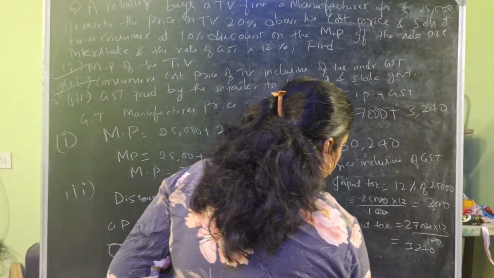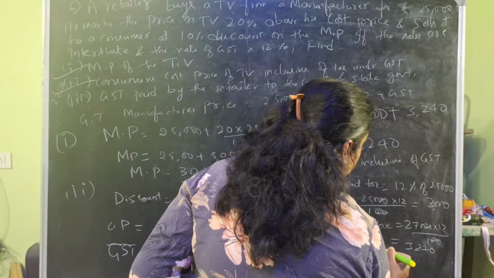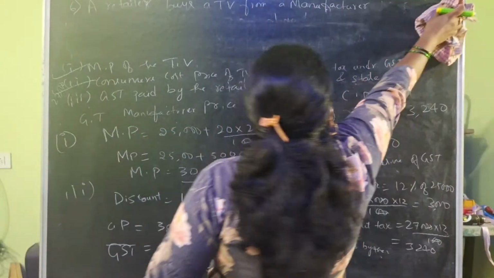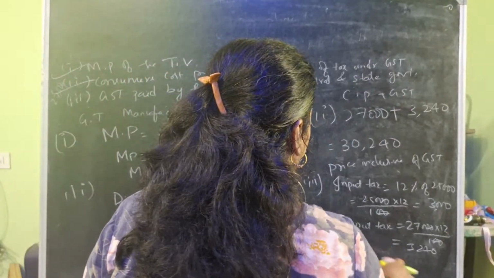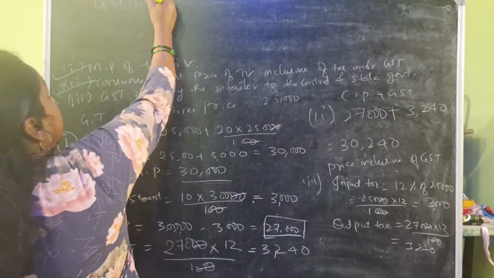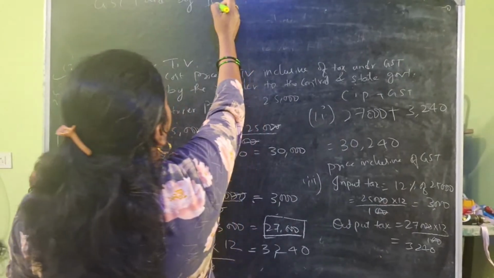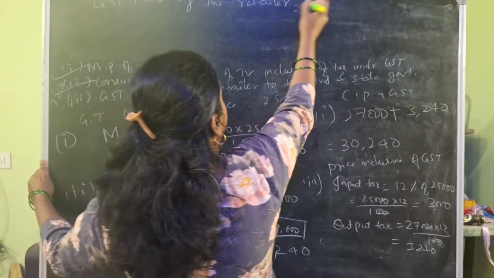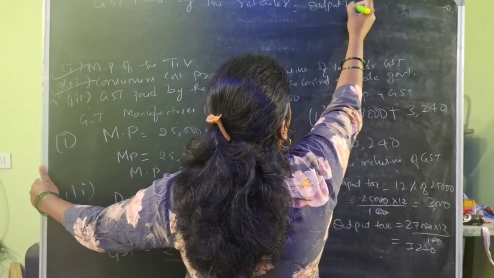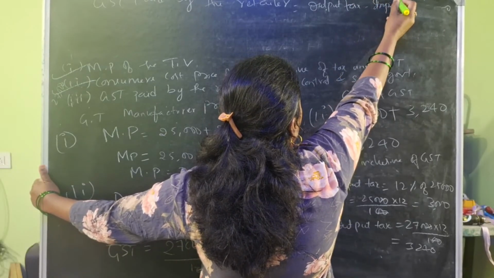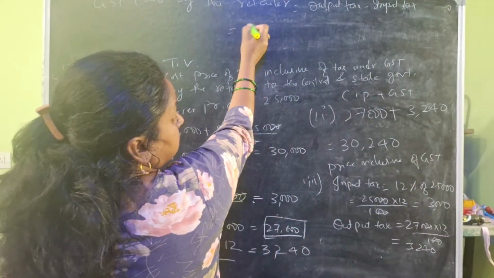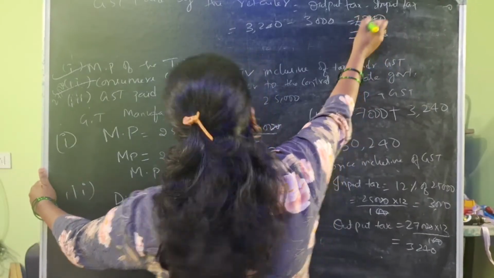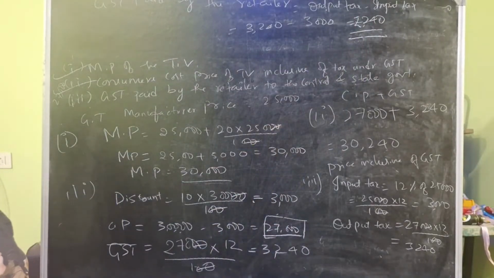So the GST paid by the retailer is equal to output tax minus input tax, which is equal to 3,240 minus 3,000, which is equal to 240. This is the tax paid by the retailer.